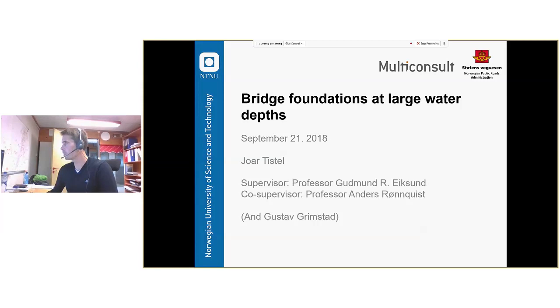So, this presentation is about bridge foundations at large water depths. This study was started in October 2014, and this thesis was delivered 3 years after. And the defense was organized in February this year, so it's half a year ago.